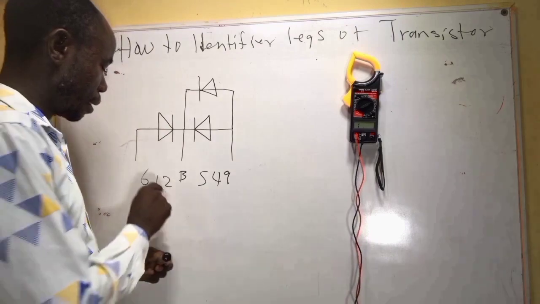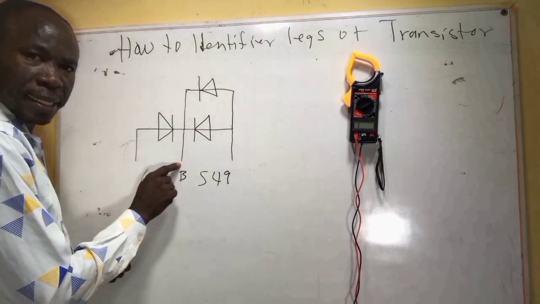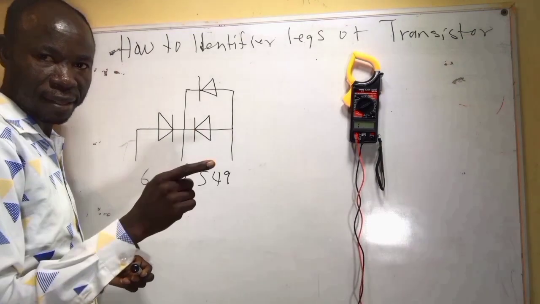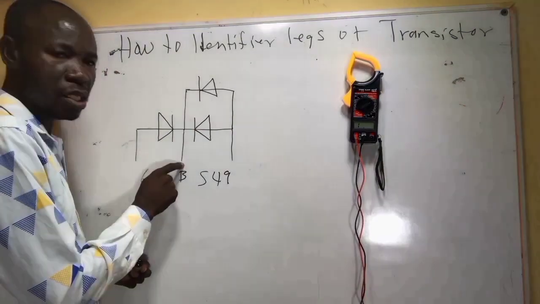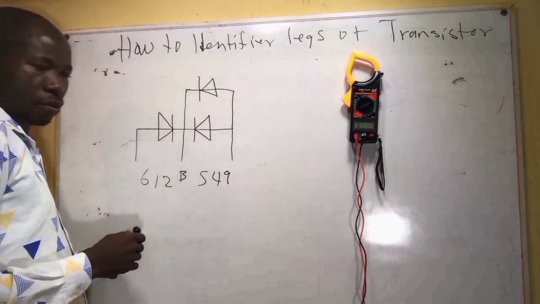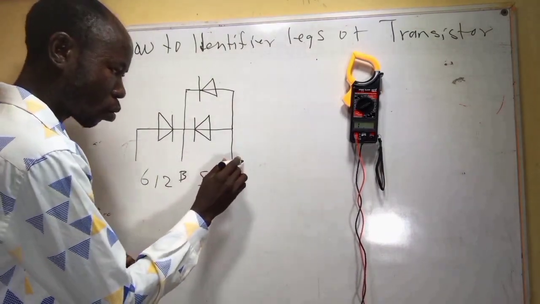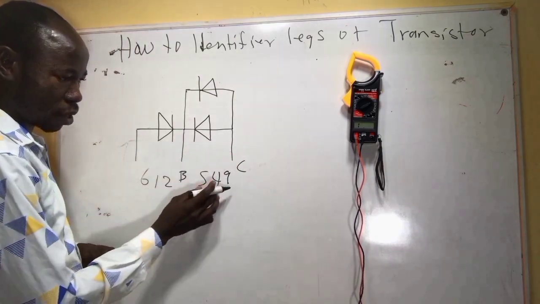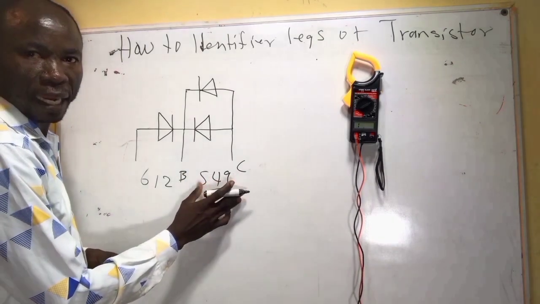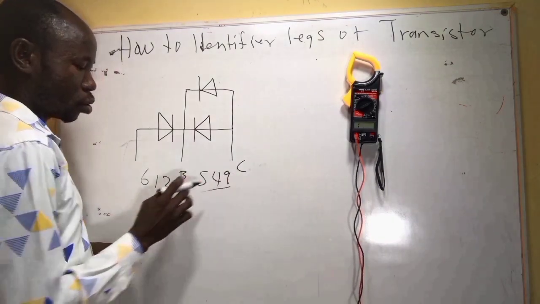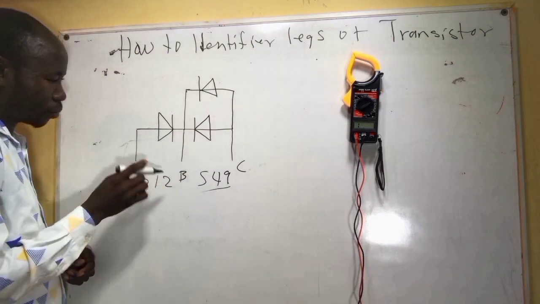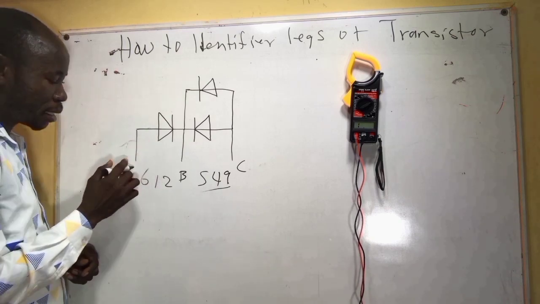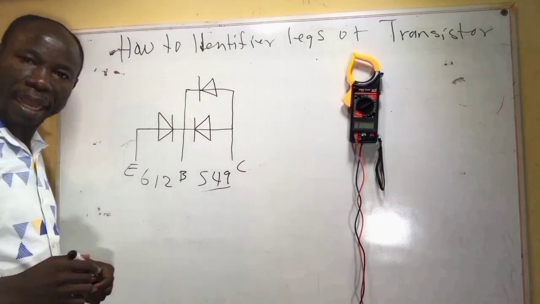As I said, from base to emitter reads higher resistance than base to collector. So now this place is the collector, because the reading from this point and this, we get what? 549 resistance. And then when we come here, the reading here is 612. It means this place is what? Emitter.